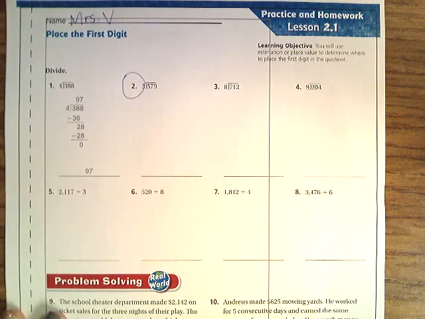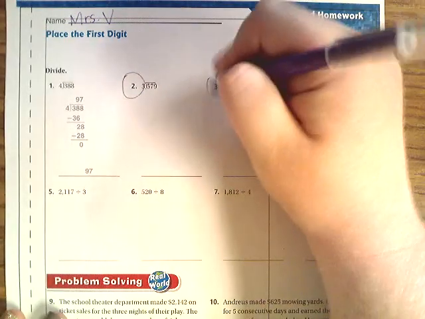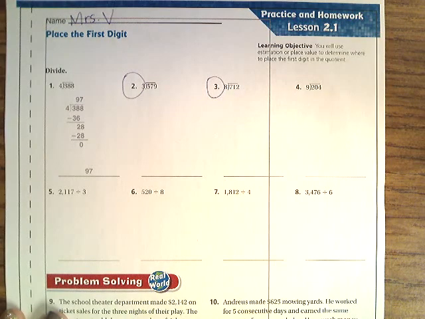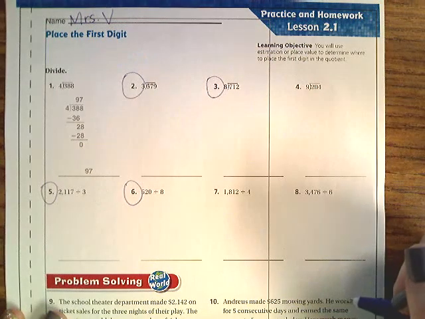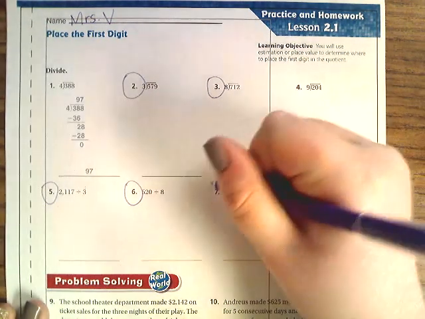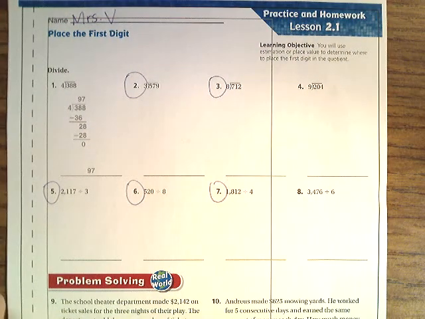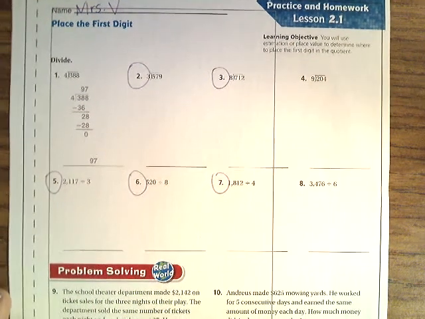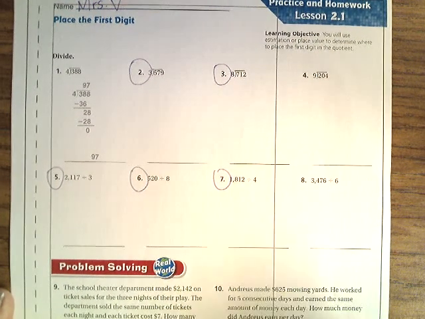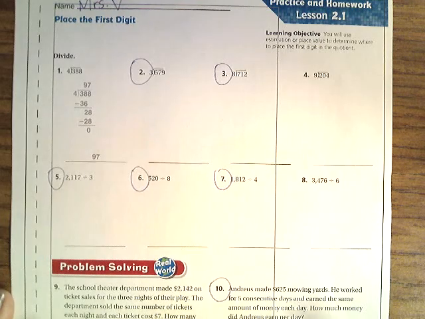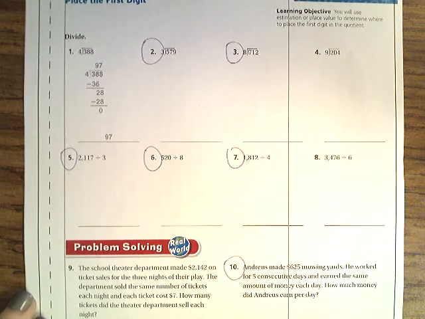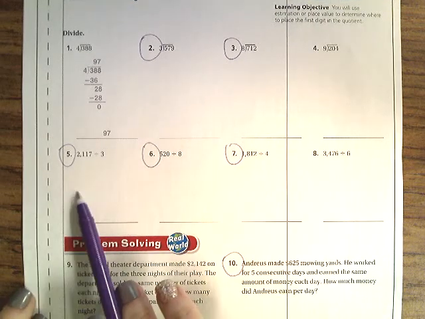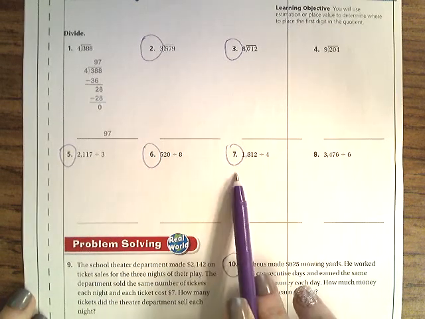Please circle them as we go. 3, 5, 6, 7, and 10. So far we have 2, 3, 5, 6, 7, and 10.